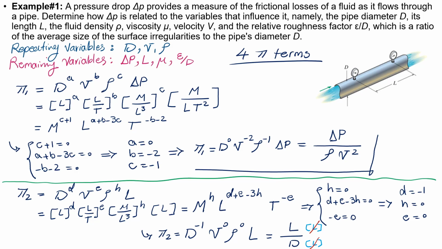So yes, your pi 2 is also a dimensionless number. You can do the same thing for pi 1 and check that it is dimensionless. So far, I have found pi 1 and pi 2. These are 2 of the 4 pi terms that I have written here. I'm going to do the same calculations for the other pi's in the next slide.